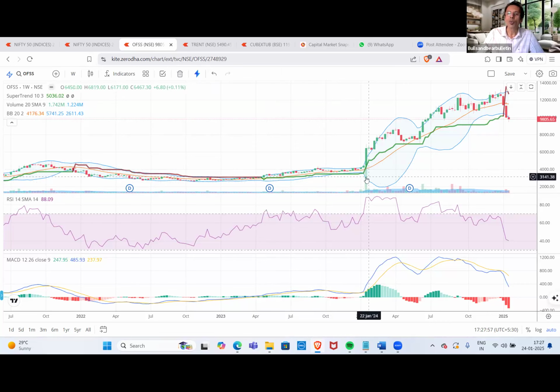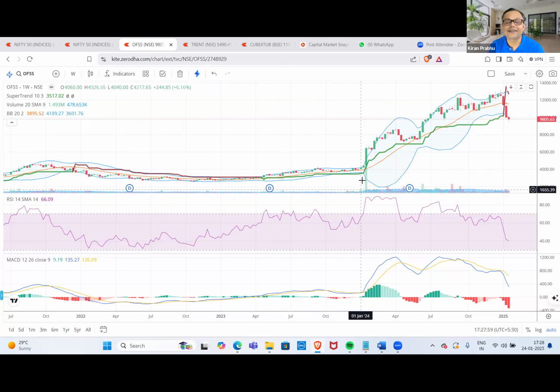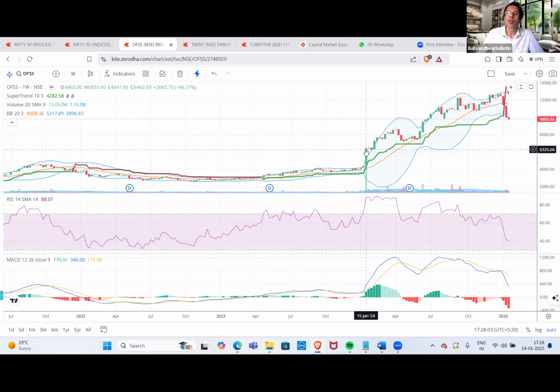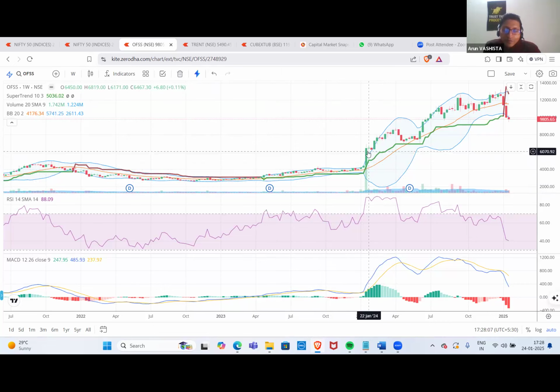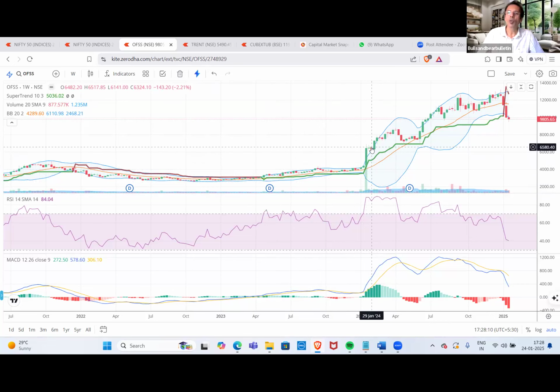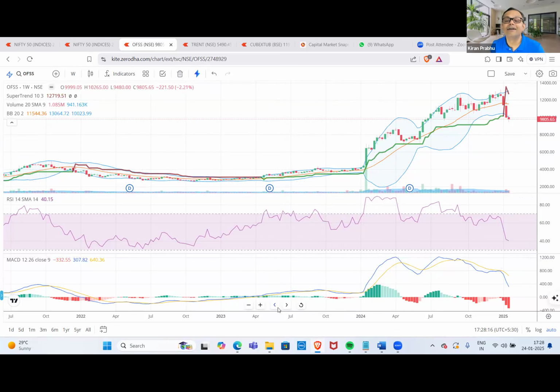See, this comes with the volume also. You can see here the kind of volume build-up on this particular week, the highest volume on the chart. So you can just blindly go ahead and buy here, or you can perhaps wait for a dip and buy, absolutely no issues. Then you can see how it has rallied.